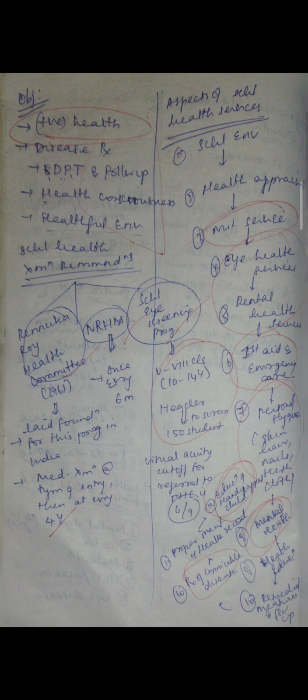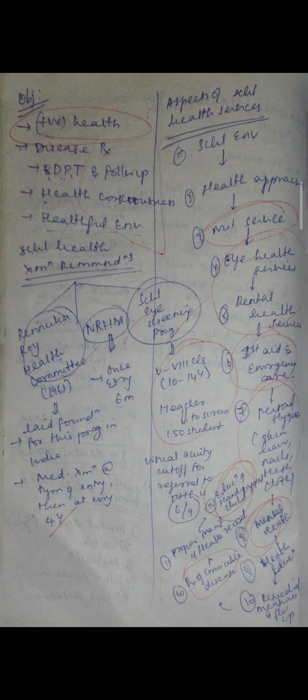And the next one is, what are the objectives of the school health program? You need to remember only one thing here: positive health. What is positive health? It means there should not be any disease, there should not be any disease risk factor.